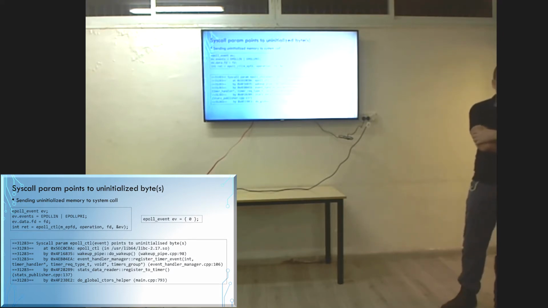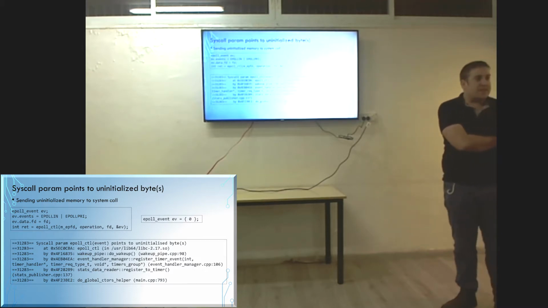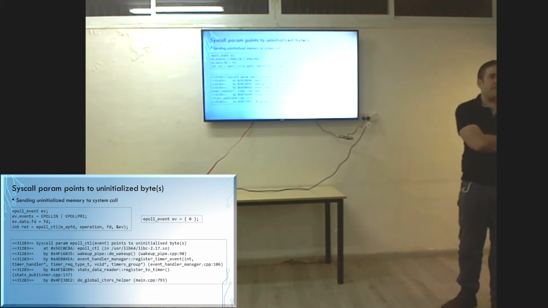For every system call, Valgrind has a piece of code that checks the struct before and after. I'm not really sure if this checker for system calls checks that all the fields are defined, or if there is some kind of order in which the system call first reads this and that.